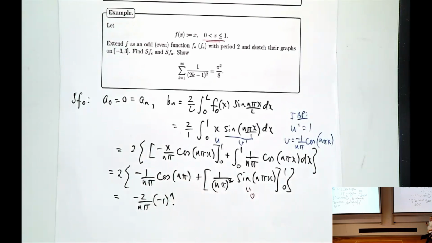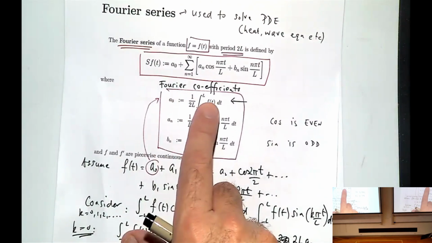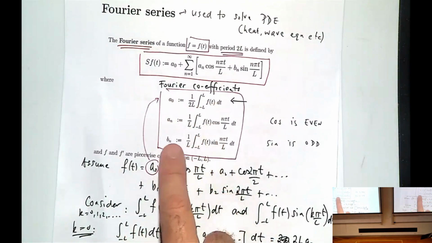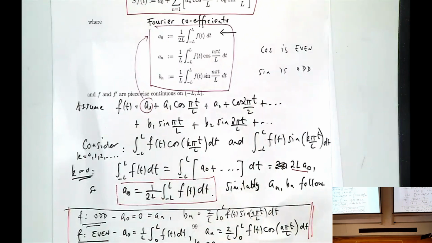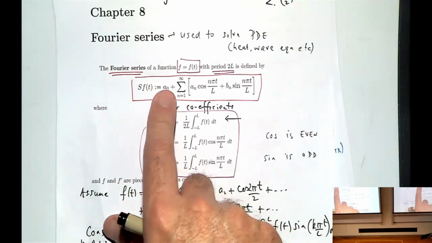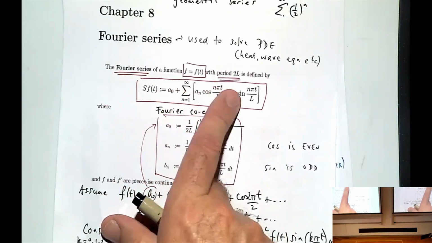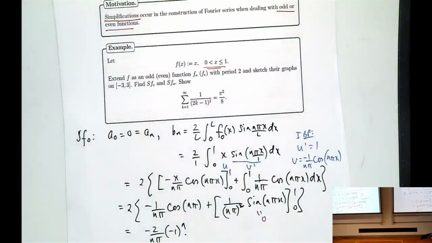You can simplify that by taking out the negative, doing all that sort of stuff, but I'm not going to do that, okay? All right, so what is our Fourier series? Well, we know that's 0, we know that's 0. We've just calculated that through this. So now I can just write that. That's going to be 0, that's going to be 0. I'm going to get a sine series.